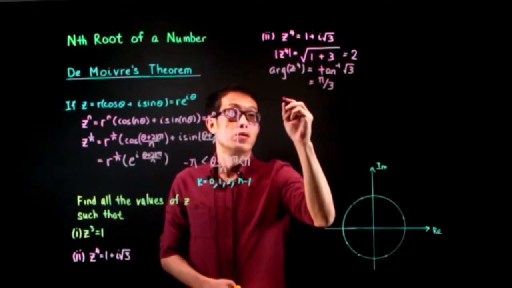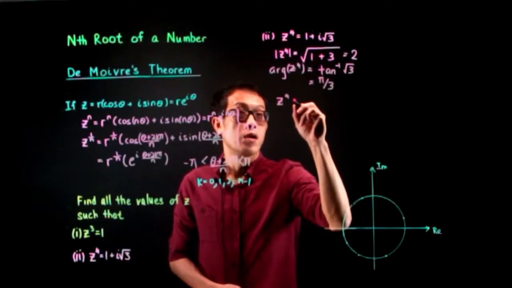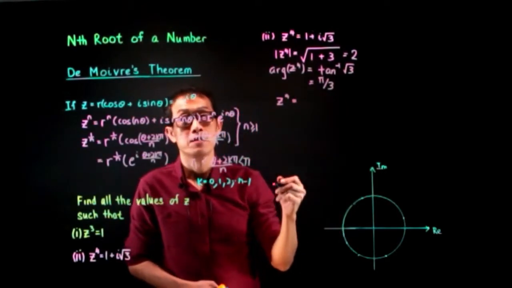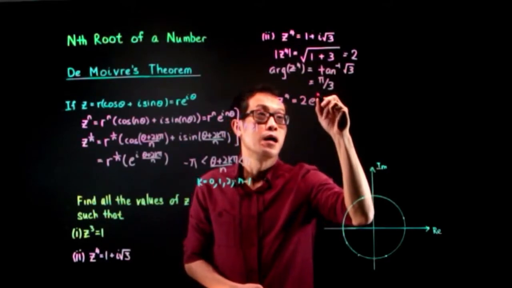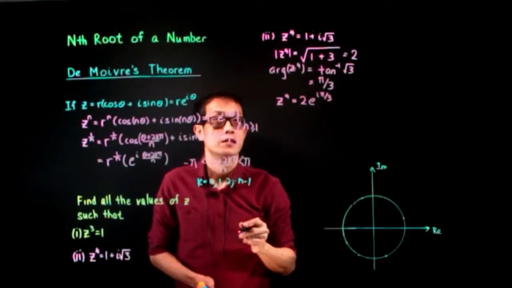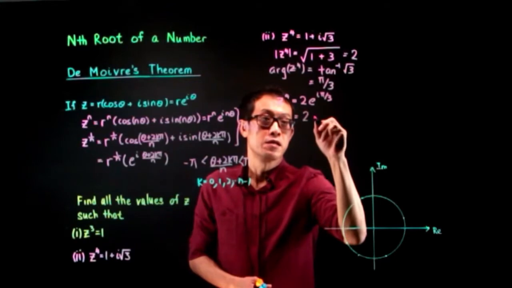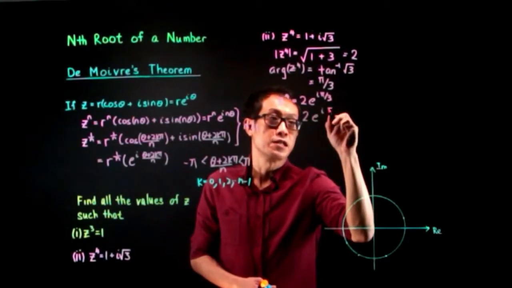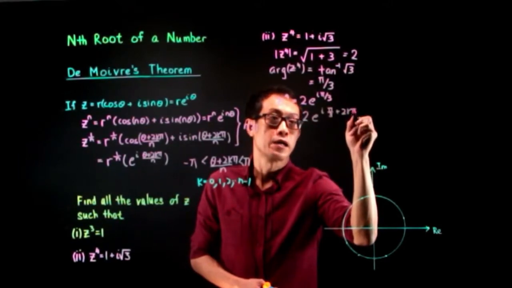So z to the power of 4 can be rewritten as 2 e^(i pi over 3), which can be further expressed with pi over 3 plus 2k pi.